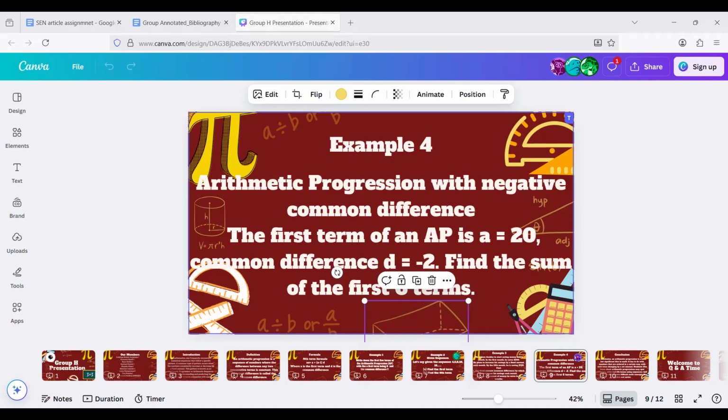So we have to work using an extended formula from the one that I just worked, which is Sn equals n over 2, open bracket, 2a plus, open bracket, n minus 1, close bracket, d. Now I'm going to demonstrate that using the whiteboard.